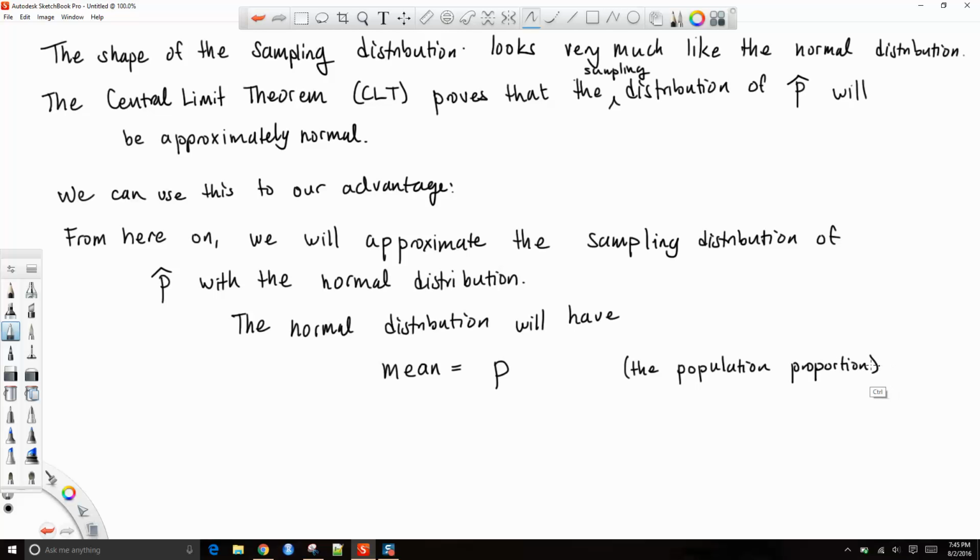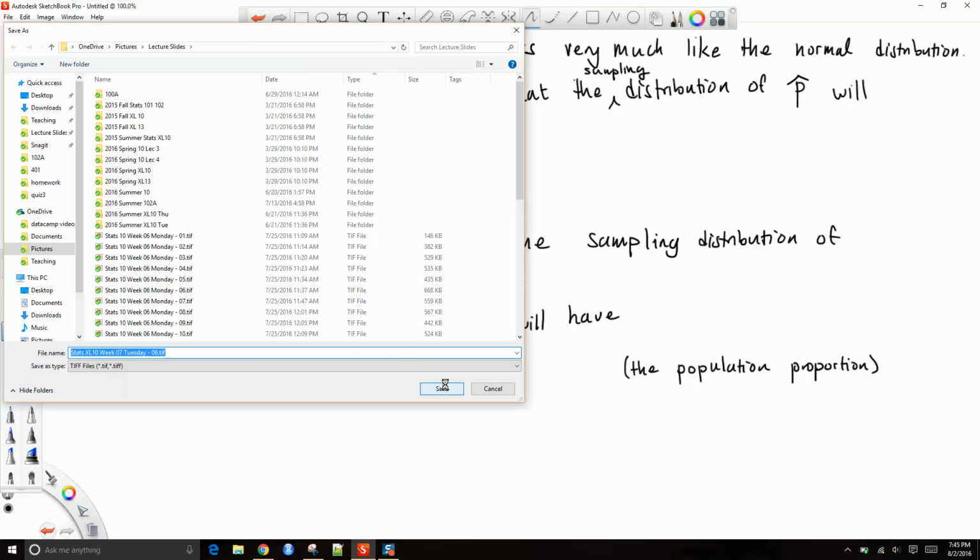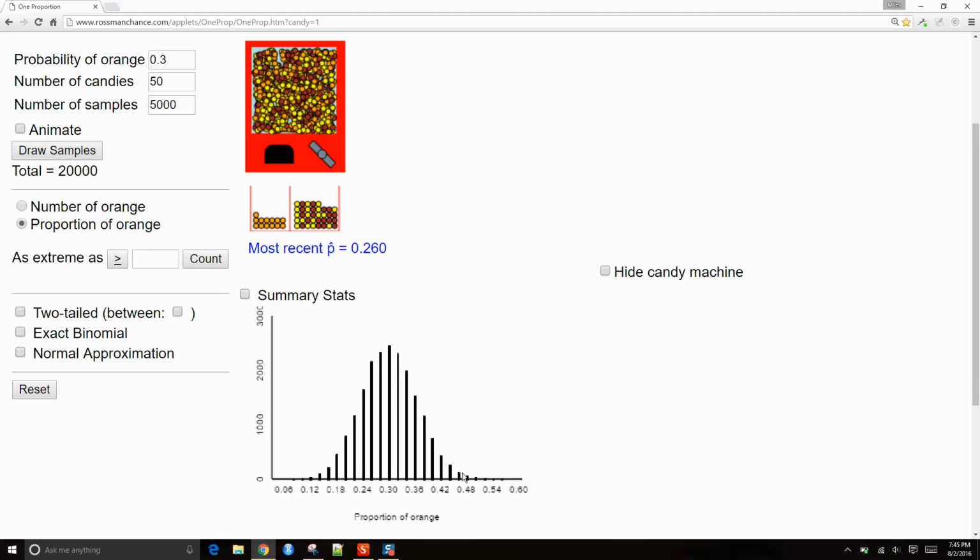That makes sense, right? When we take a look at this sampling distribution and approximate it with the normal distribution, what value are we going to put right at the middle? In this case, we're going to put 30% right in the middle. That is the proportion that exists in the population, 0.3. That's the population proportion, and that's going to go right in the middle.